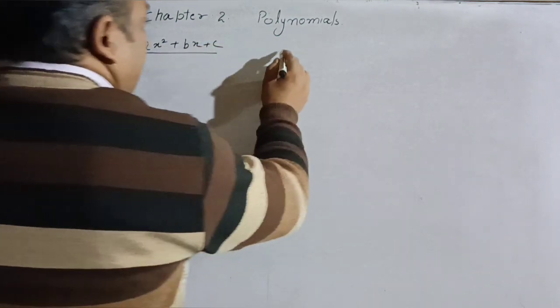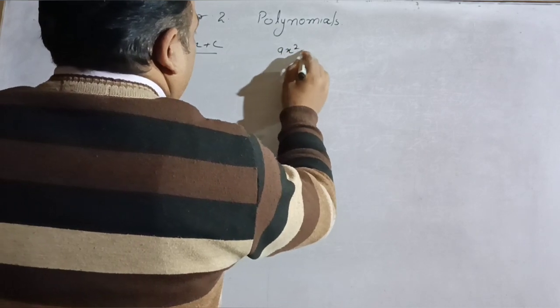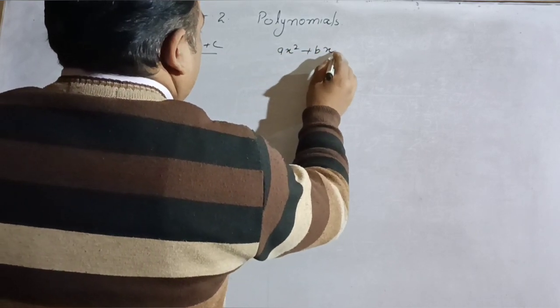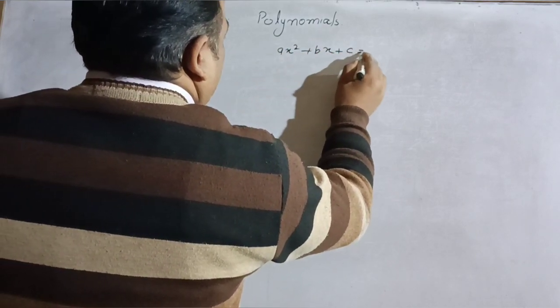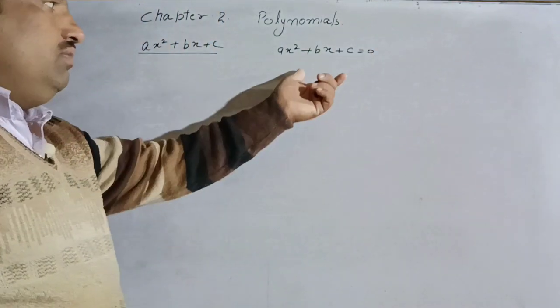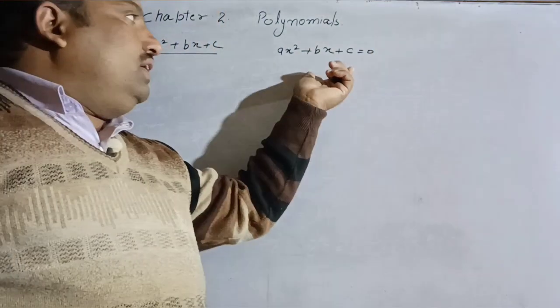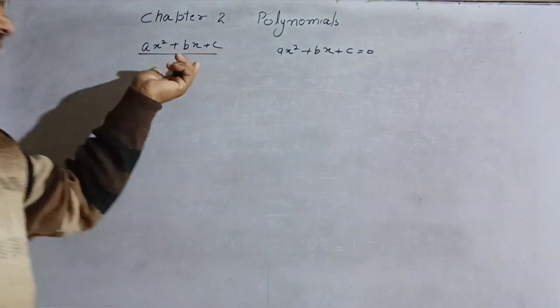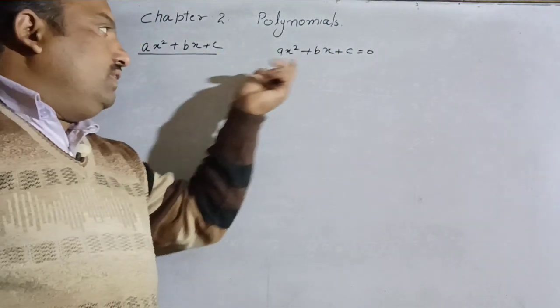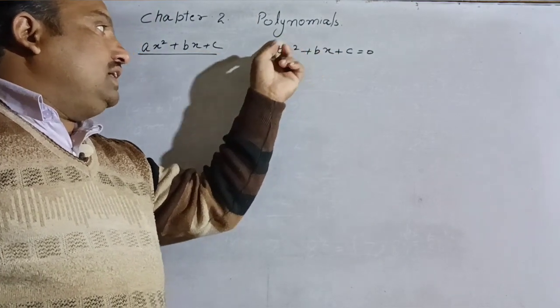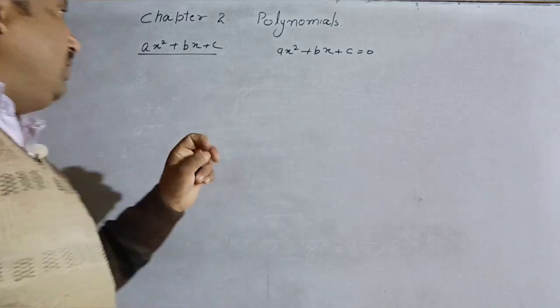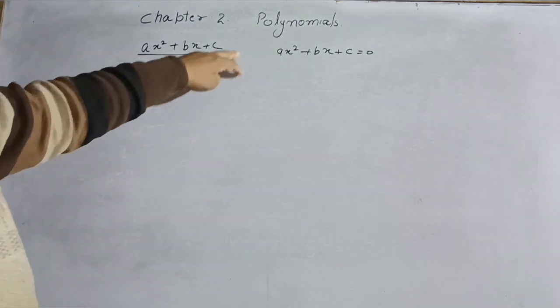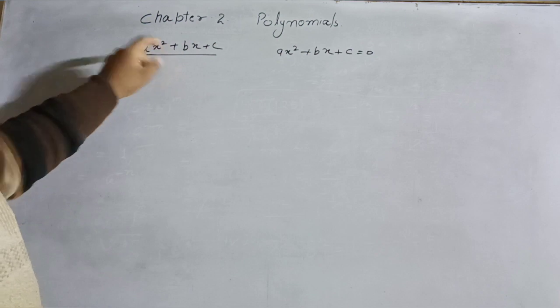And if we write ax square plus bx plus c is equal to 0, this is called an equation, one quadratic equation, and this is called a polynomial. It is called a quadratic equation because it has power two, and a quadratic polynomial also has two powers.